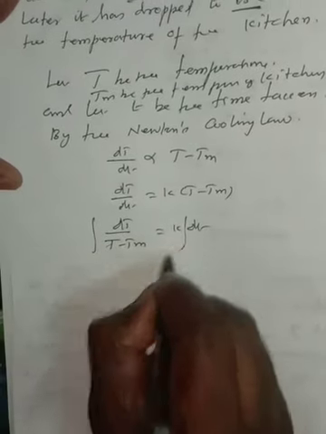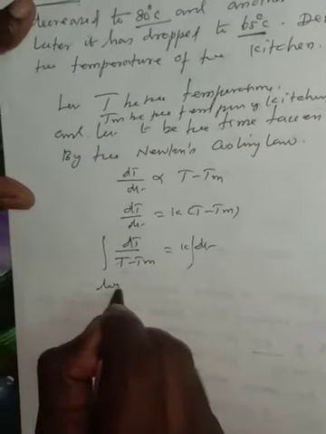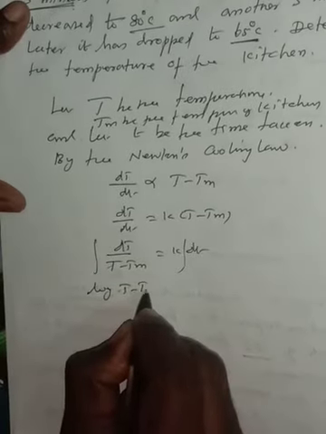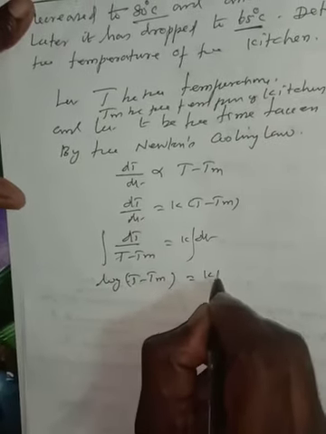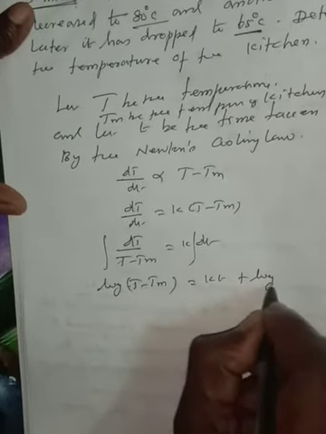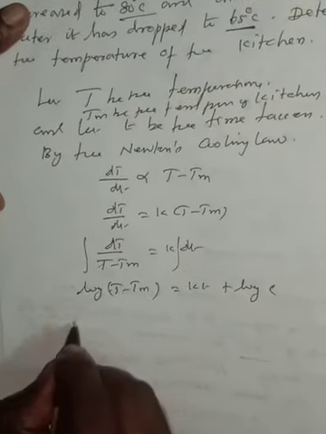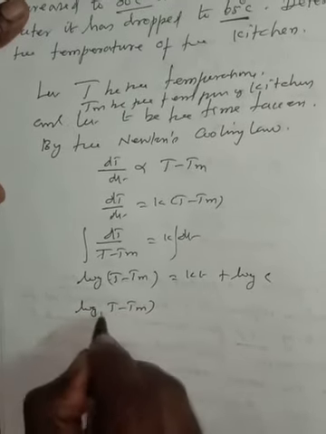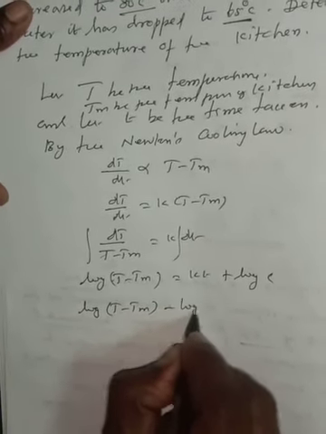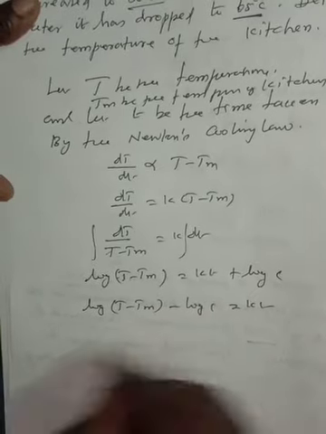Integrating both sides, we have log T minus Tm is equal to kt plus log c. Log T minus Tm minus log c is equal to kt.